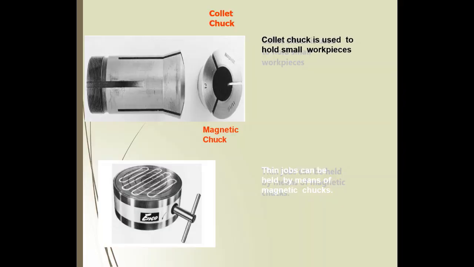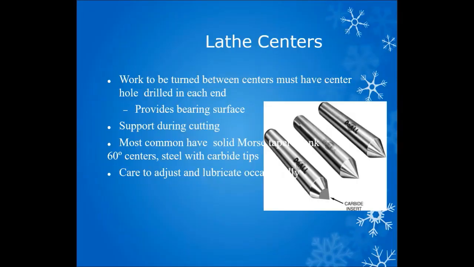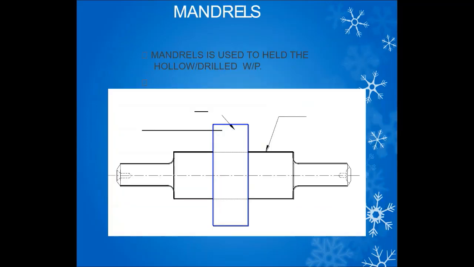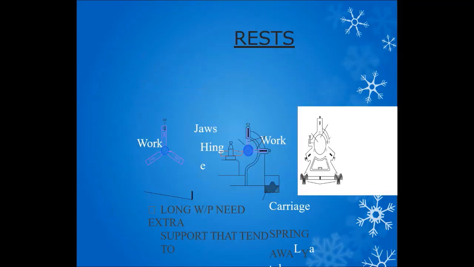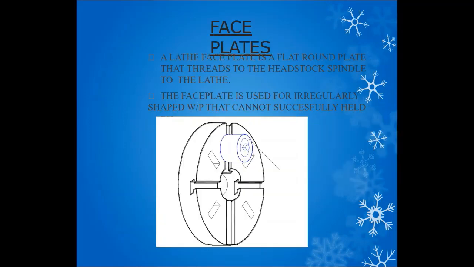Lathe centers: work to be turned between the centers must have the center. Mandrel is used to hold hollow and drilled workpieces. Rest is the place where the job can be supported.